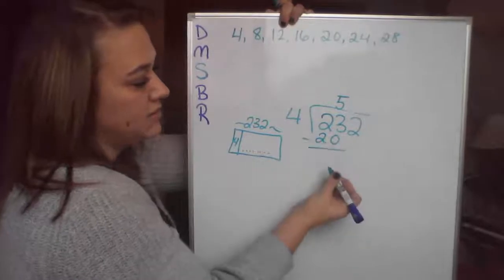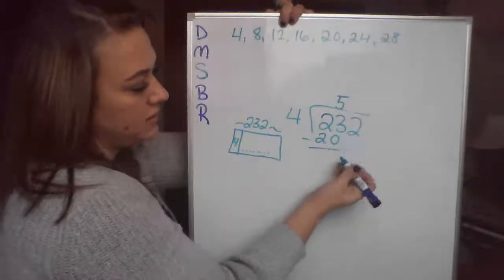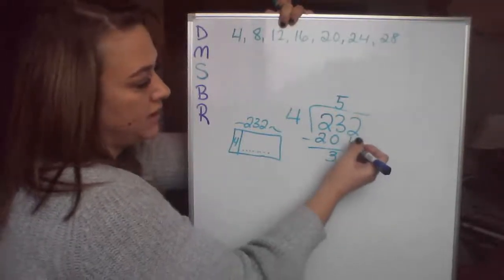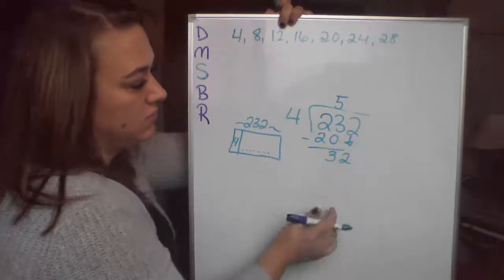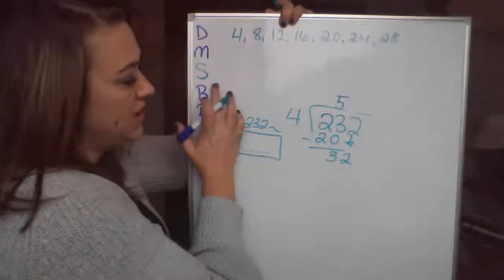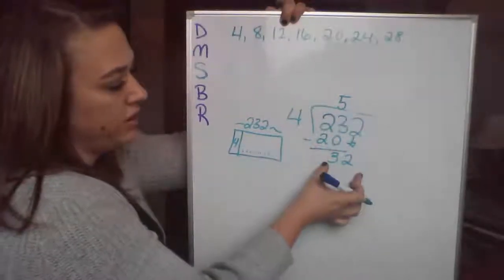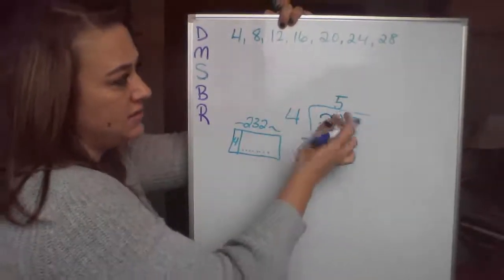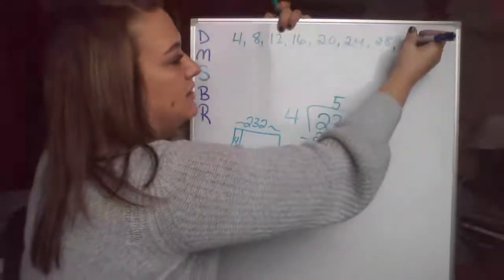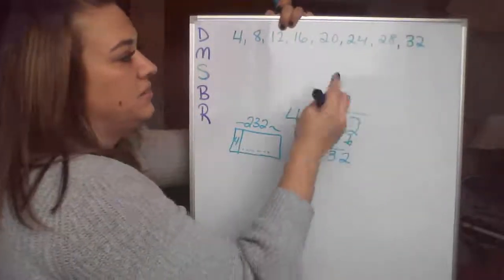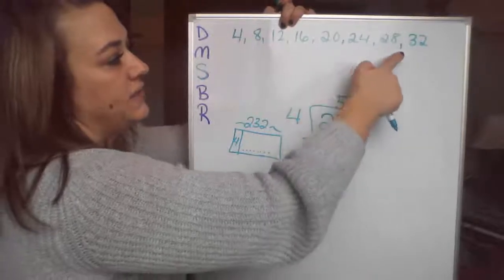And then I subtract. 3 minus 0 is 3. And bring down my 2. So now I need to repeat. Go back up to the top. I'm going to divide 32 divided by 4. Well, I know that 28, if I skip count again, is going to give me 32 because we've got 5, 6, 7, 8.